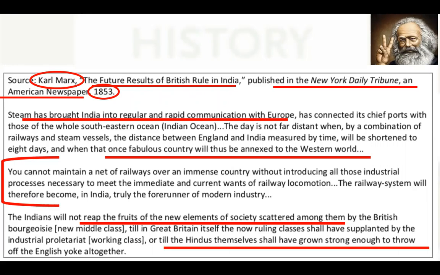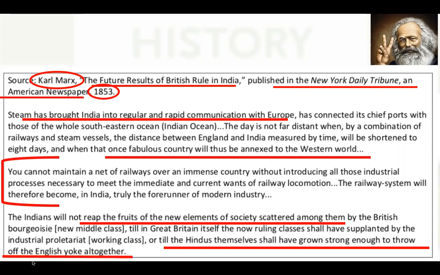And if we're going to change it, then either the working class in Great Britain or the working class in India will have to throw off the English yoke altogether. That makes me think of something. There was an attempt of native Indians to throw off the yoke of English oppression. Now I'm ready to source.